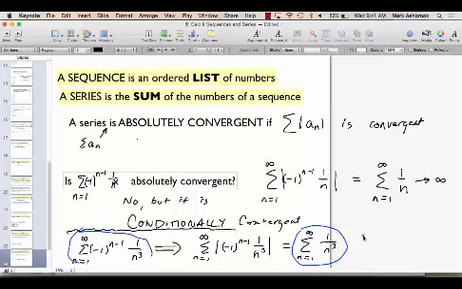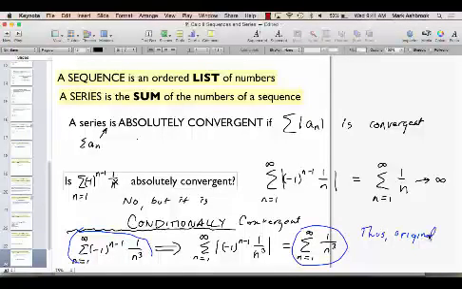Okay, questions on that idea? Absolute convergence. So thus, the original series is absolutely convergent.